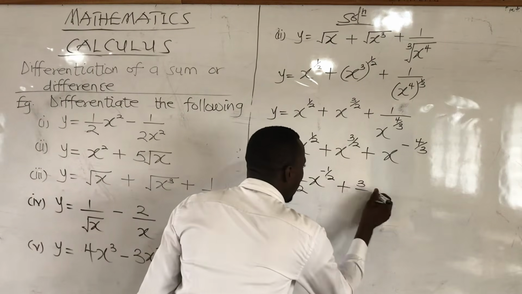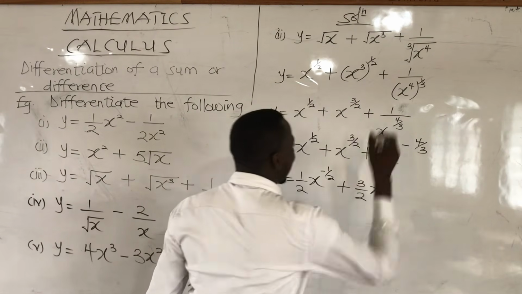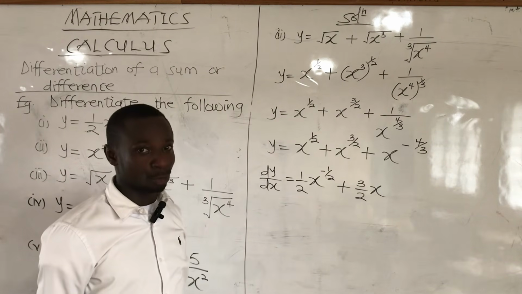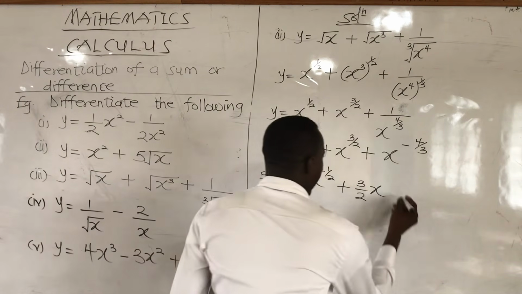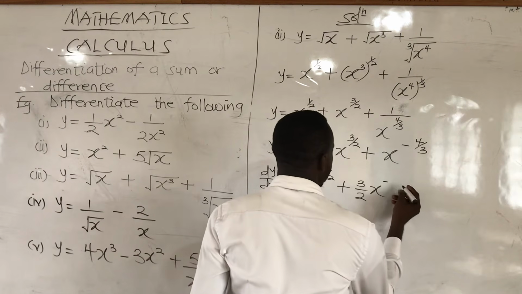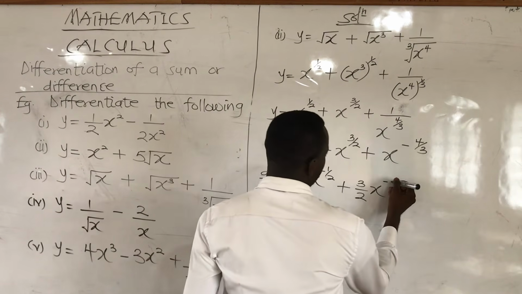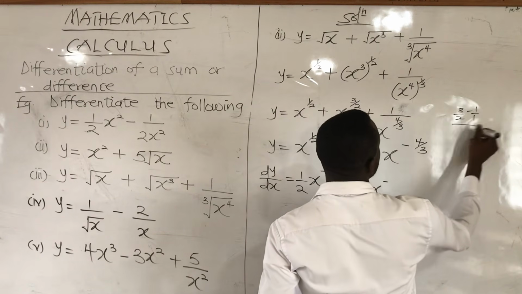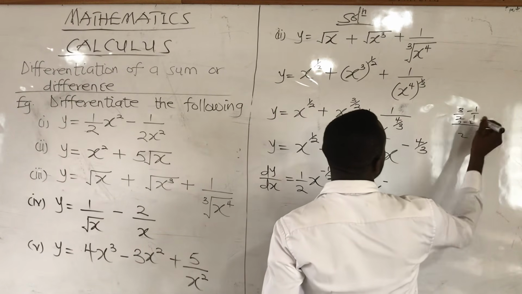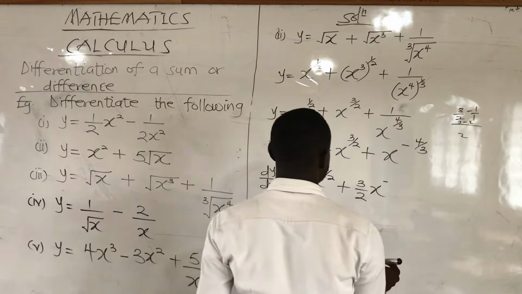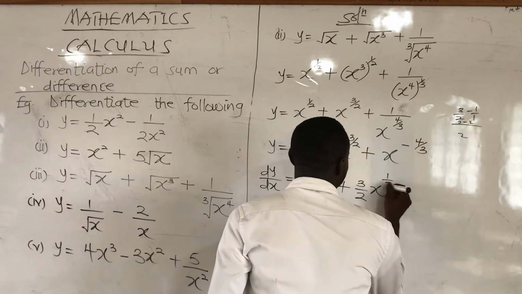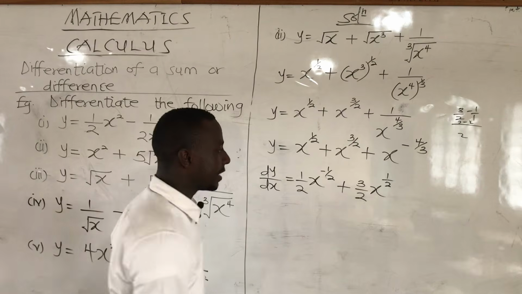So we have 3 over 2. Then x. Then you take 1 from the 3 over 2. So 3 over 2 minus 1, we are going to have positive half.